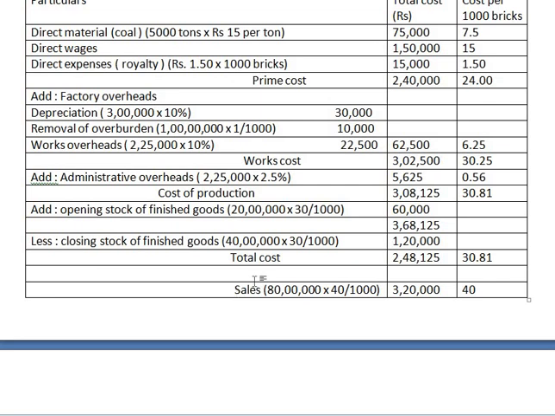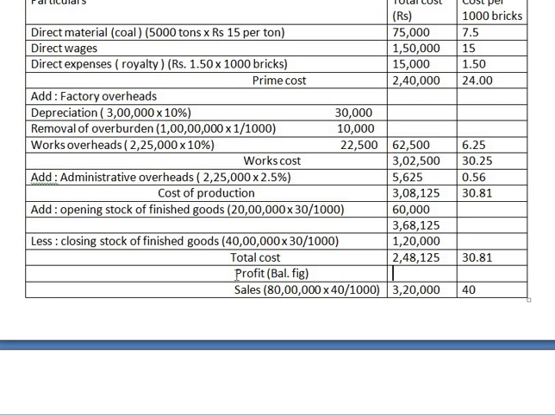Okay, now find out profit. Yes. Now profit will be your balancing figure. Now sales minus total cost or cost of goods sold will give you profit.